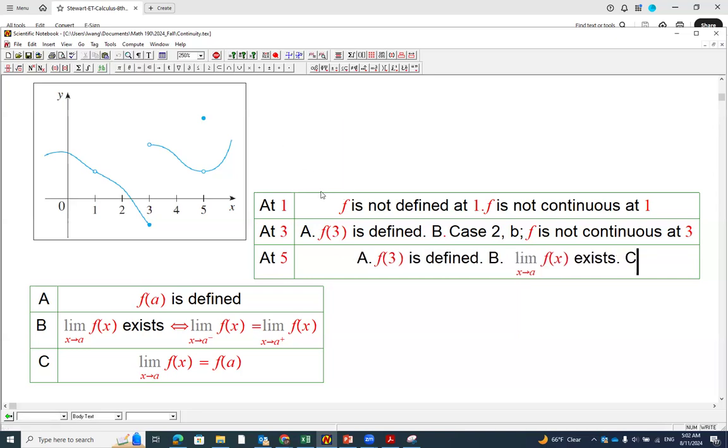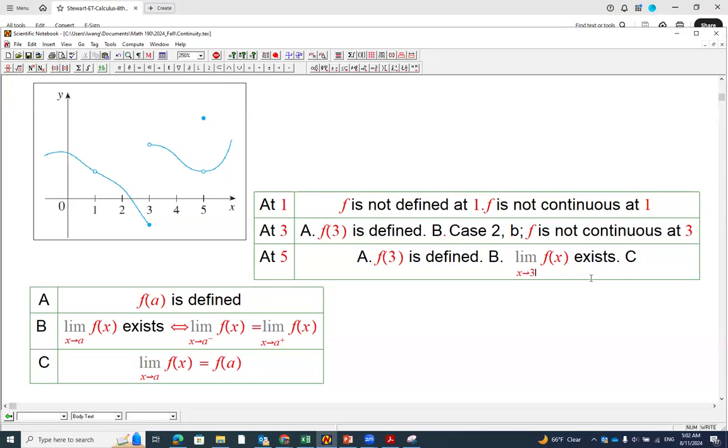this is the case where you have to go down all three, right? Because otherwise you cannot say, and you need to mention all three. So the last case is that obviously the limit is not the same as the value of the function at 5.